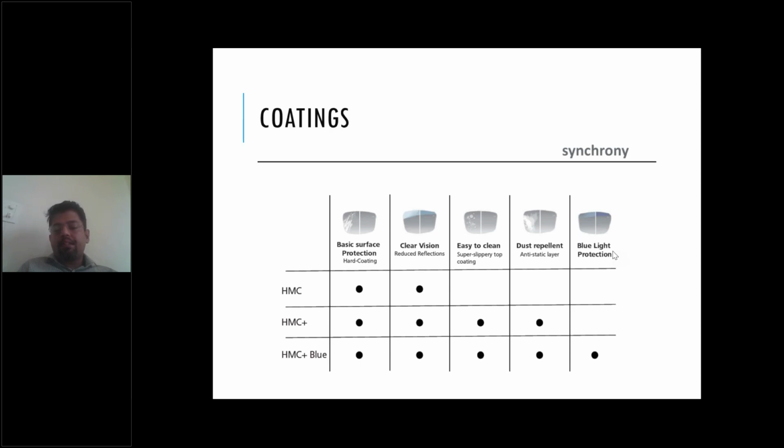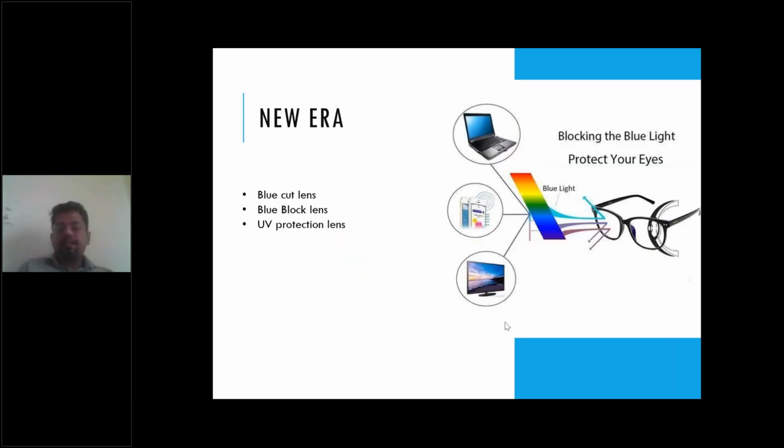So this blue light protection will decrease the harmful blue light reaching inside your eyes, as I have already shown you in the previous slides, that this kind of harmful blue rays are emitted by these screens, so that blue cut lenses will be protecting from harmful blue light.